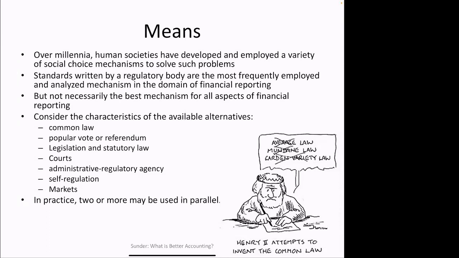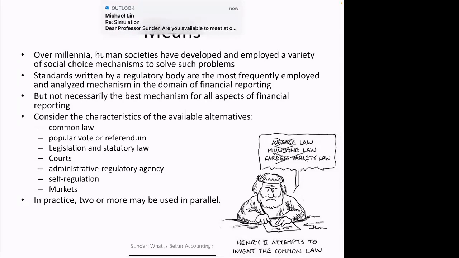So I mentioned the title of the talk, though there isn't time to talk about this. The means. We talked about the meaning of what we may want to achieve, what we mean by better, but how do we achieve it? There are many institutional possibilities, and I just listed a few in this list. Common law approach, which is the norms approach; popular vote or referendum, that is impractical for accounting, it's too much technical detail for people to know; legislation or statute, which is largely what we have been doing in recent decades.